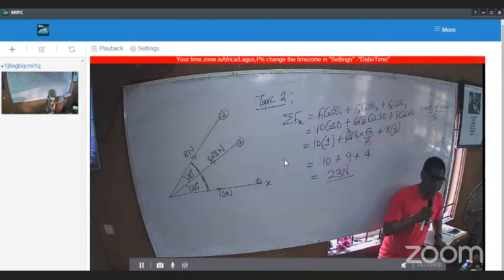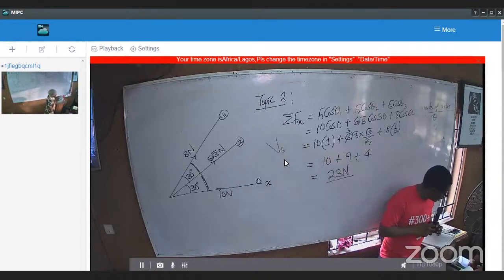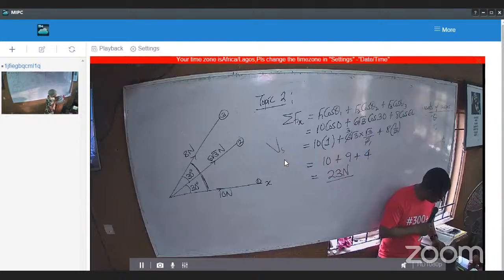A ship moving northward with speed Vs is acted upon by wind blowing due west.